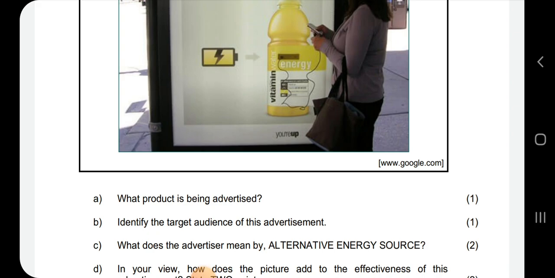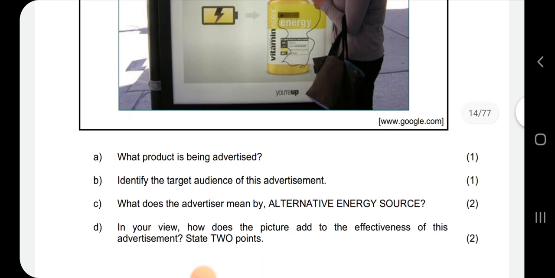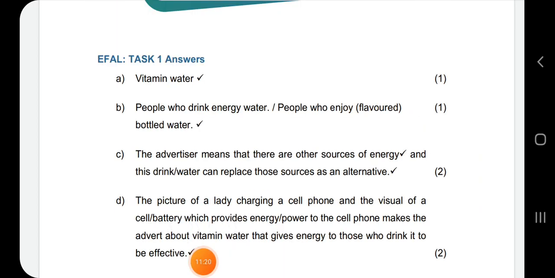So it's really adding to the fact that you will regain your energies if you drink this water. It's emphasizing clearly what this water does. So these are the responses to the questions that we have just answered together. So these are different ways that an advert can be asked. So you should be able to analyze it well.